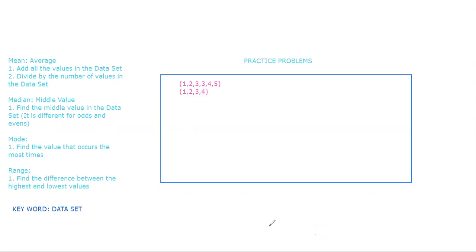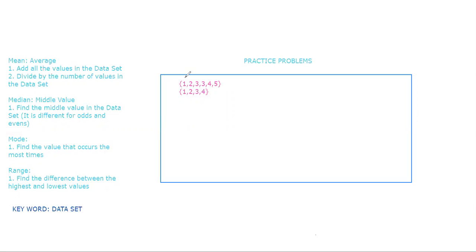A dataset is right here, some numbers in a bracket that you use when you find the mean, median, mode, and range. So to find the mean, you have to add all the values in the dataset, then divide by the number of values in the dataset, meaning how many numbers or values there are in this dataset.